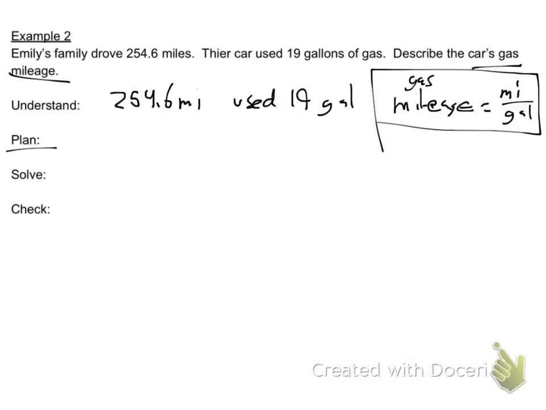So, what's our mileage? Well, it's right above. 254.6 miles, right? Over how many gallons? 19 gallons. It's going to change to a single number, miles per gallon.